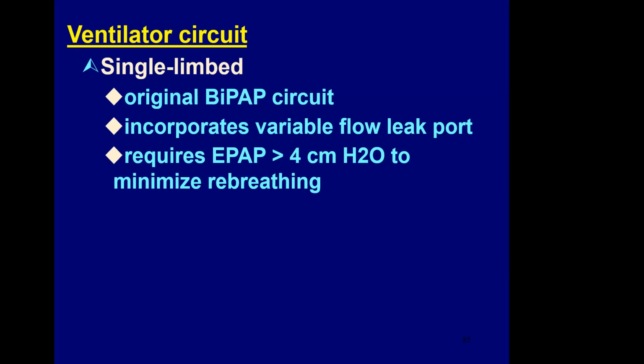The single limb circuit does incorporate a variable flow leak port. There must be a flow leak port. It requires EPAP, expiratory pressure greater than 4 centimeters of water, to minimize rebreathing.